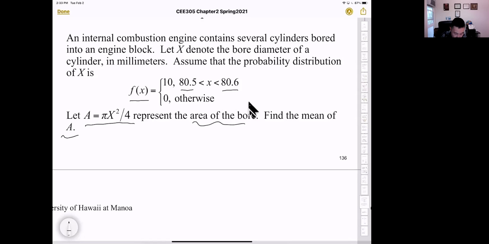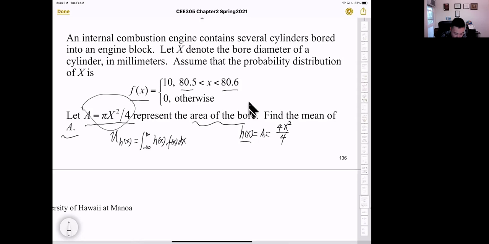Based on the equation we just learned, for the mean value of a function h(x), we integrate h(x) f(x) dx. And here in this question, the function is A, which is equal to pi x squared over 4.